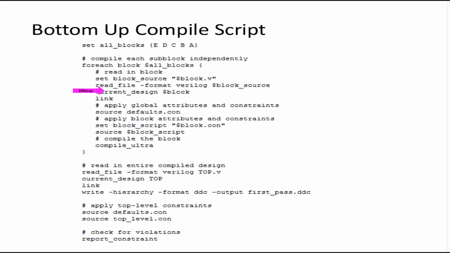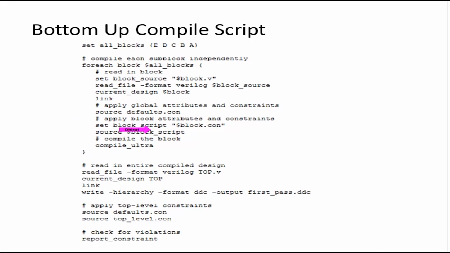We link. We store the default constraints because, as I told you before, we are using the same set of constraints to start with. So whatever the constraints are at top level, we are using for each of the subdesigns. So input output delays remain the same, the clock remains the same. This is the first estimate. So we source this block constraint, block script.